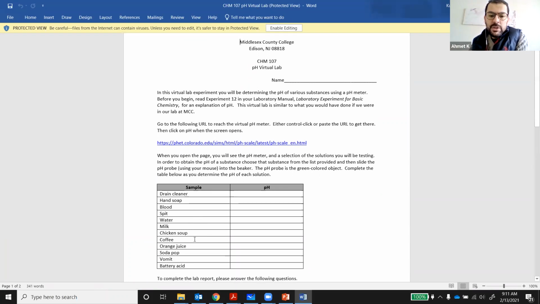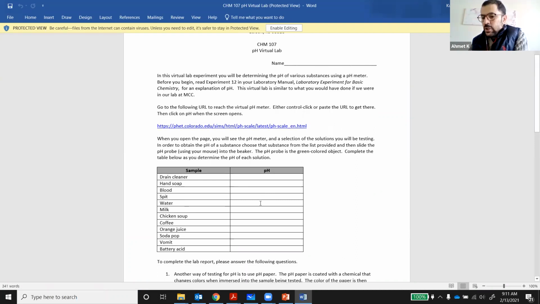Here what you're going to do is go to a simulator again, and there is a pH meter, and you're going to look at the pH of different samples. You're going to measure the pH of soap, blood, spit, water, milk, some juice like orange juice, some soda, some coffee.